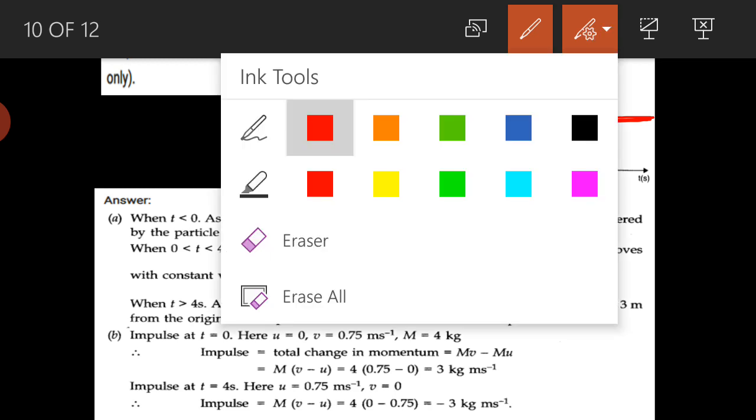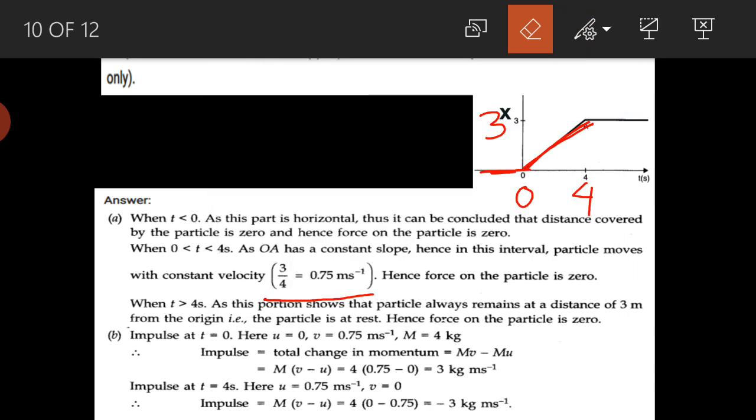As you can see, this has a constant slope. So what is the velocity? 3/4 meters per second. Right. So u is given to you, that is 0. v is known to you, 0.75 meters per second. And the mass of the particle is how much? It is 4 kg.